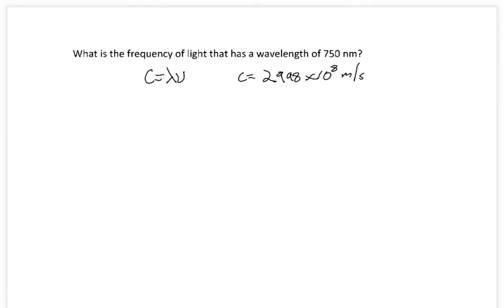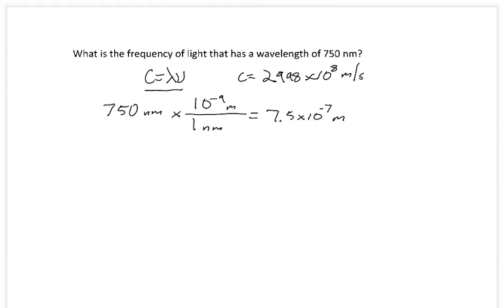So I need to do that conversion first, and then I can plug those numbers into my equation and solve for the frequency. I have 750 nanometers. I know that 1 nanometer is 10 to the -9 meters. And so when I multiply that out, I get the wavelength is 7.5 times 10 to the -7 meters.